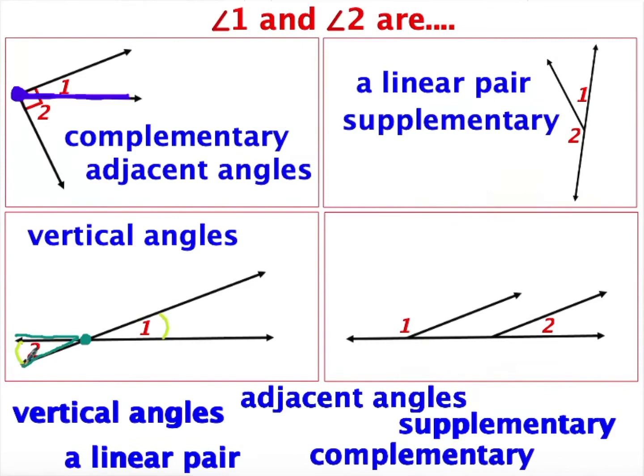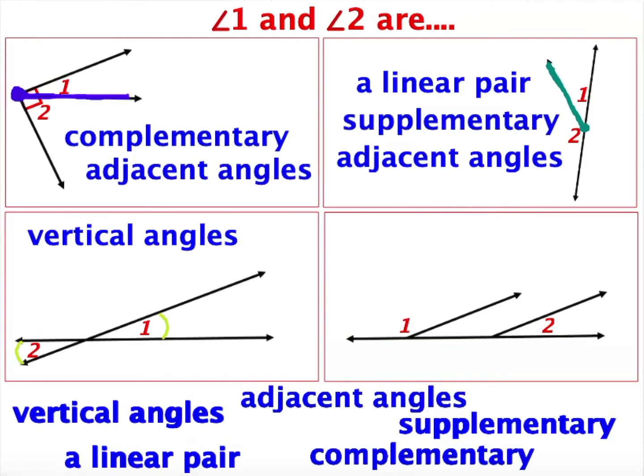No, 2 has its own rays, and angle 1 has its own rays. So no, those would not be adjacent. Did we forget to check adjacent on this linear pair up here? We did. Those two angles share a vertex and they share a ray. So that would be an example of some adjacent angles too. Wow, jackpot.